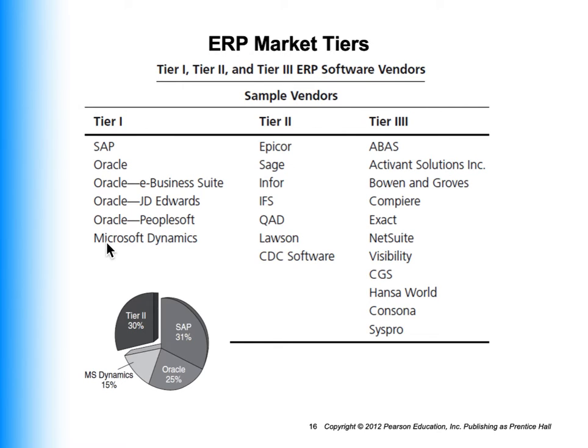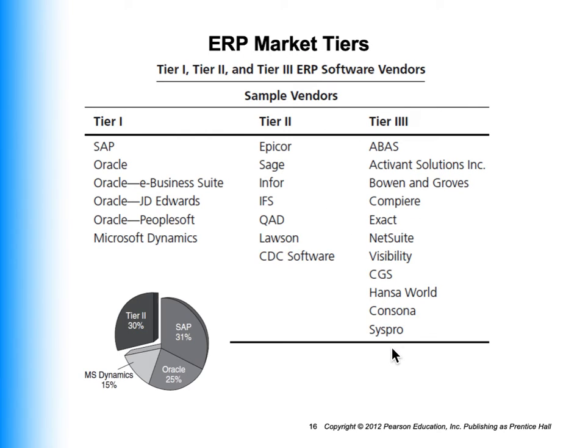And you see here, SAP is pretty much the dominant player for ERP. Tier 2, we have other companies, Epicor, SSA, Infor, and the list goes on. Tier 3, you have other companies, ABAS, Activant Solutions, and Bowen and Growth. Small other players.